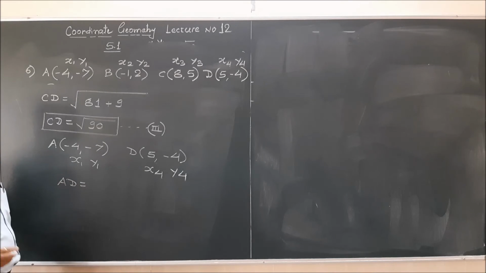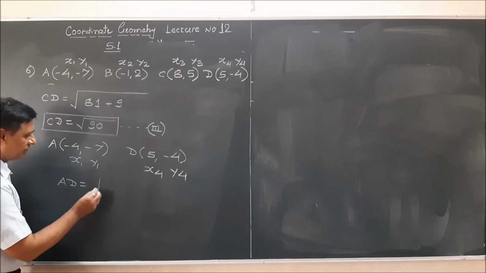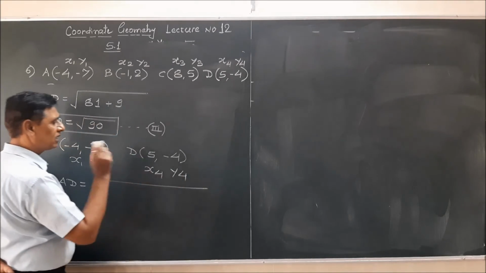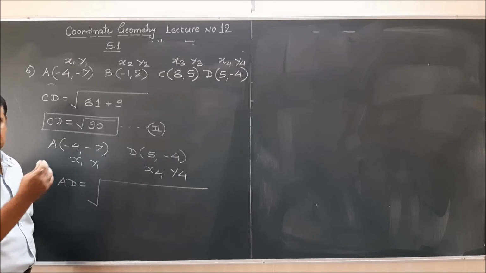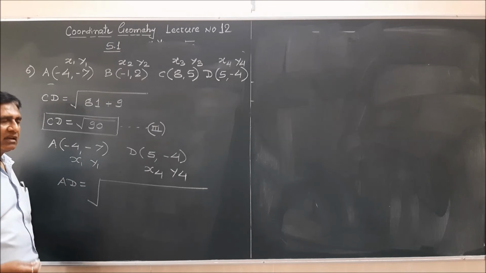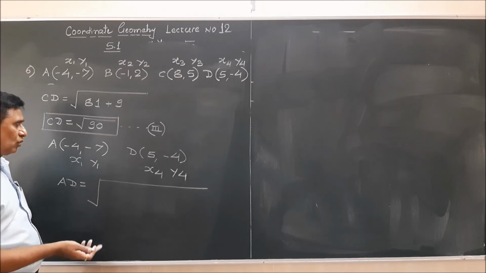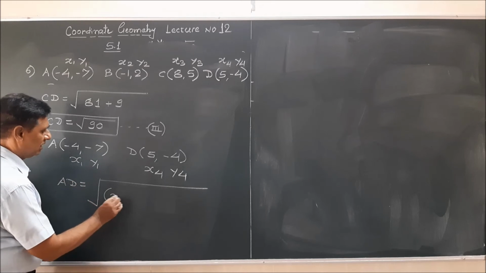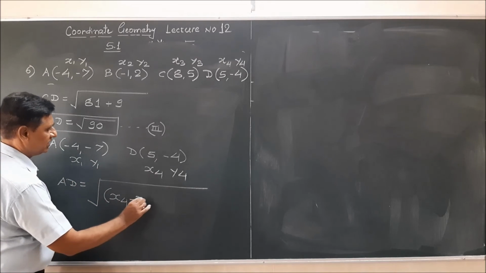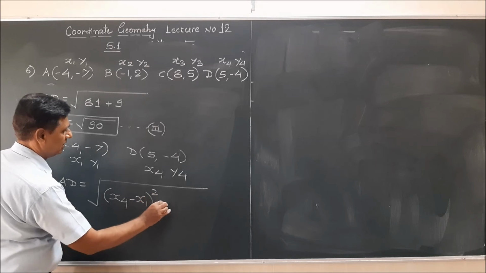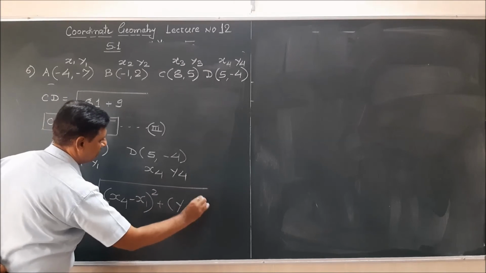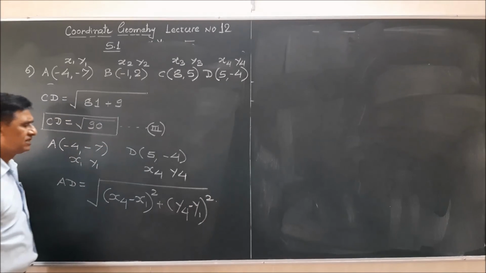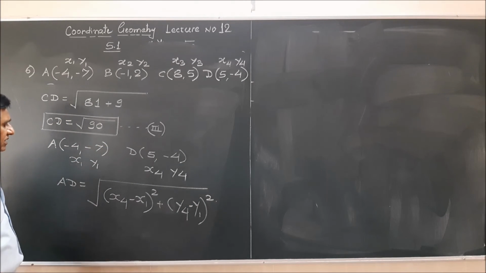AD is equal to root of x4 minus x1 the whole square plus y4 minus y1 the whole square. Same way as we have done in previous cases.